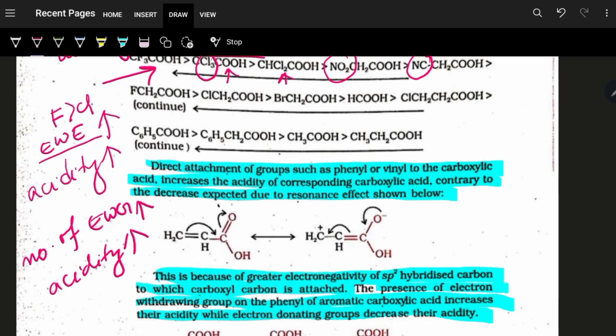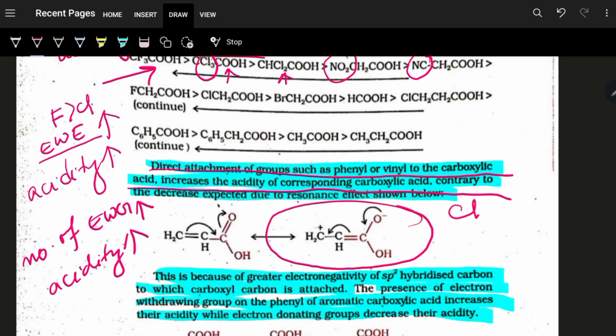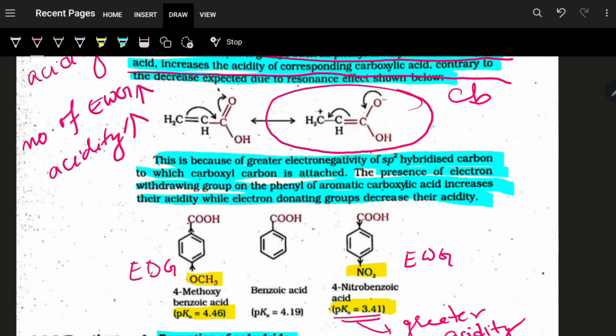electron withdrawing effect increases. Direct attachment of groups such as phenyl or vinyl to the carboxylic acid increases its acid strength because it is actually giving stability to the conjugate base on account of this resonating form. Next, electron donating group like OCH3.